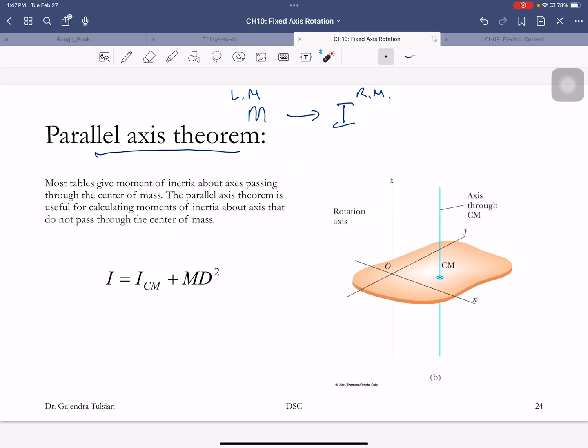And that's the parallel axis theorem. So this is d, and m is the mass of the object. Where do you find this? In a table.